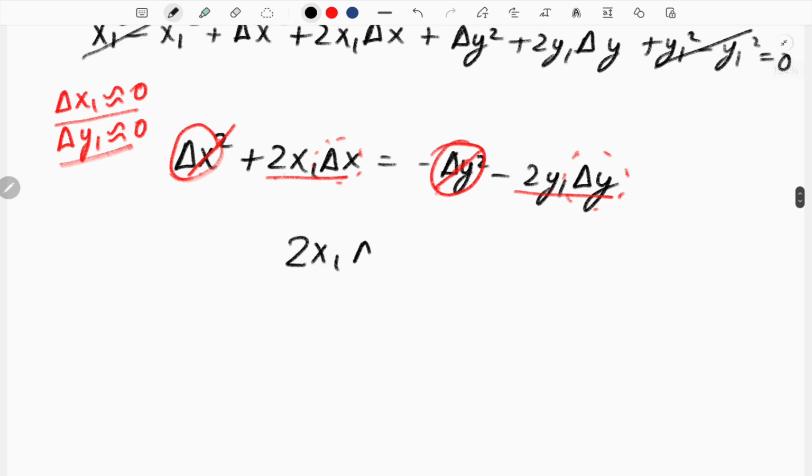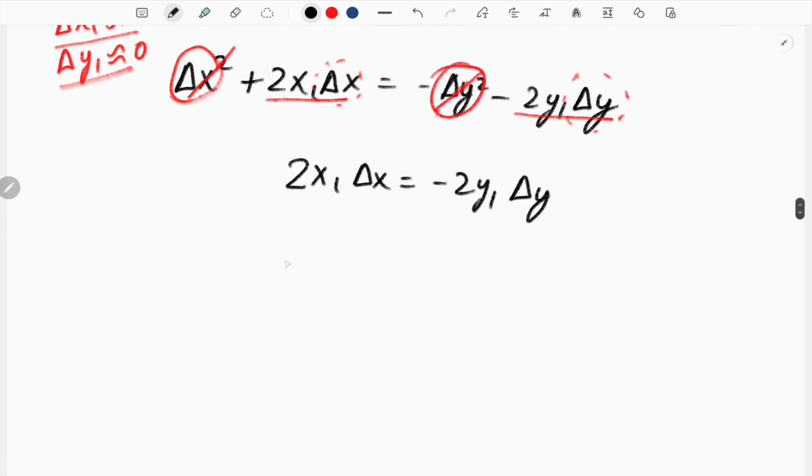So we got 2x1 delta x is equal to minus 2y1 delta y, and we get delta y by delta x is equal to minus x1 by y1.